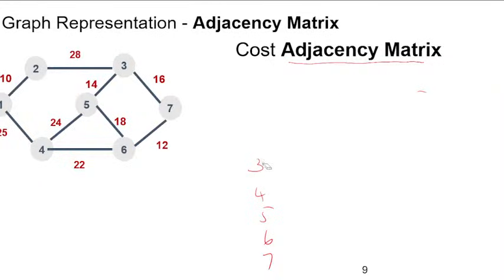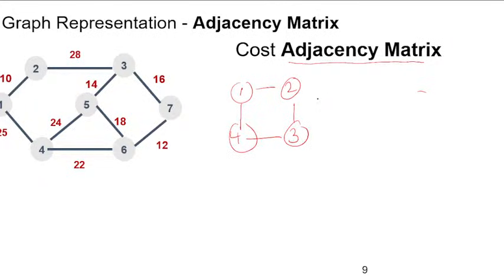So, let us take a very simple example to represent this adjacency matrix. Here you have 1, 2, 3, 4. How to represent this graph in an adjacency matrix? 1, 2, 3, 4, and here also you should have 1, 2, 3, 4.